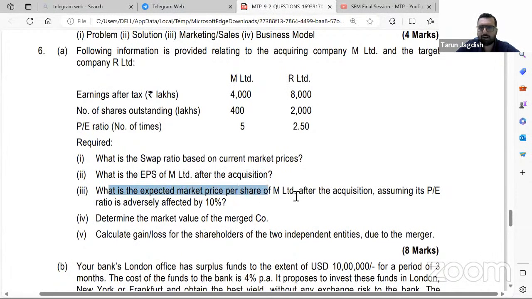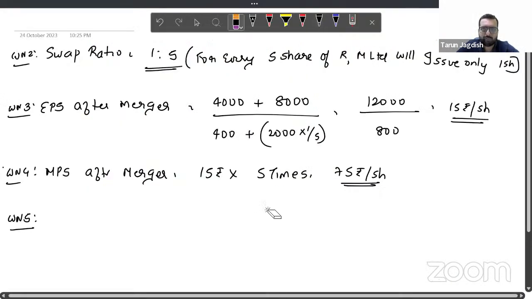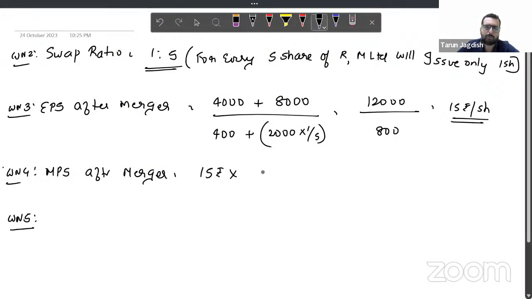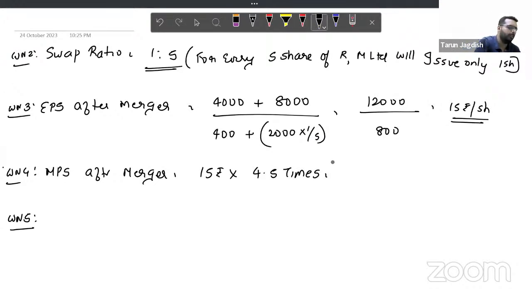What is the expected market price per share assuming PE ratio is adversely affected by 10%? So friends, there is a small change. If it is affected by 10%, 5 times will become how many times now? It will become 4.5 times. So what is 15 into 4.5 times? Do I get the answer as 67.5? Yes.